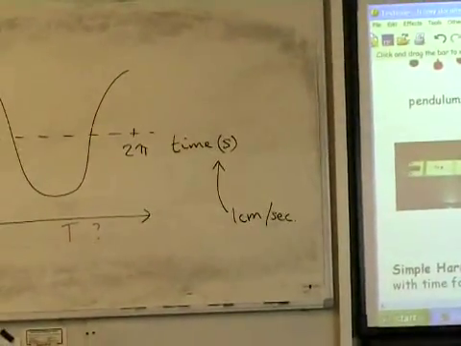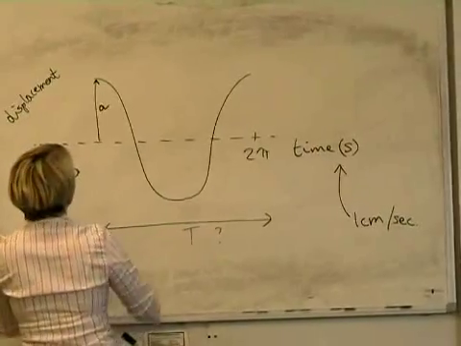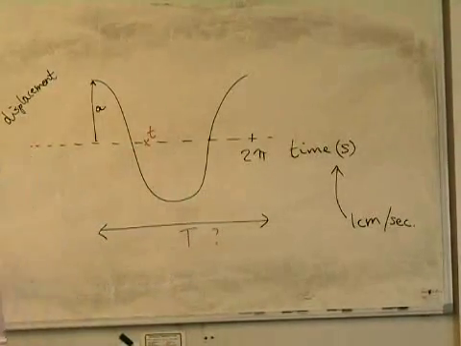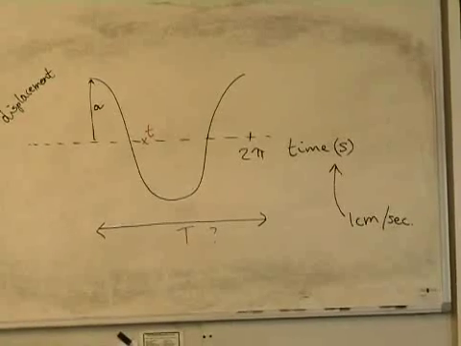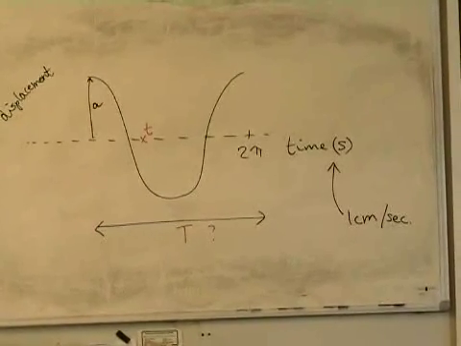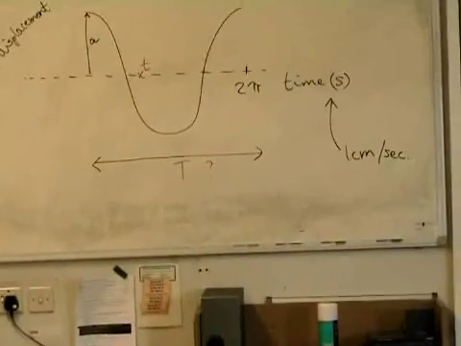Okay. Now, if you pick any time along here, let's call it small t. So that's our variable time. If you picked any time along there, you could work out what that was as a fraction of your periodic time, couldn't you? Yeah.